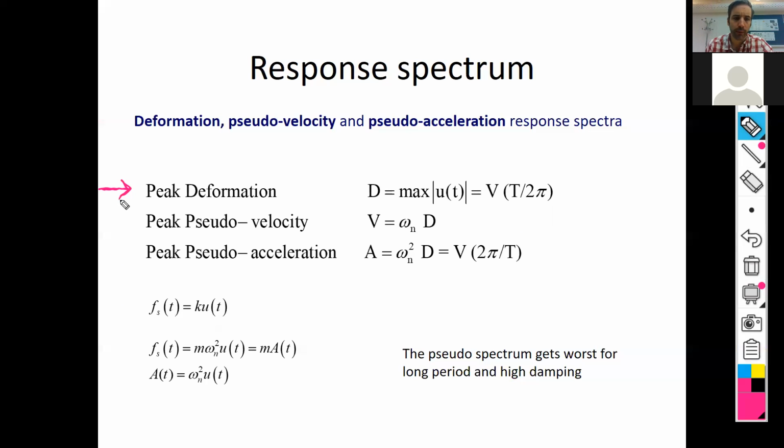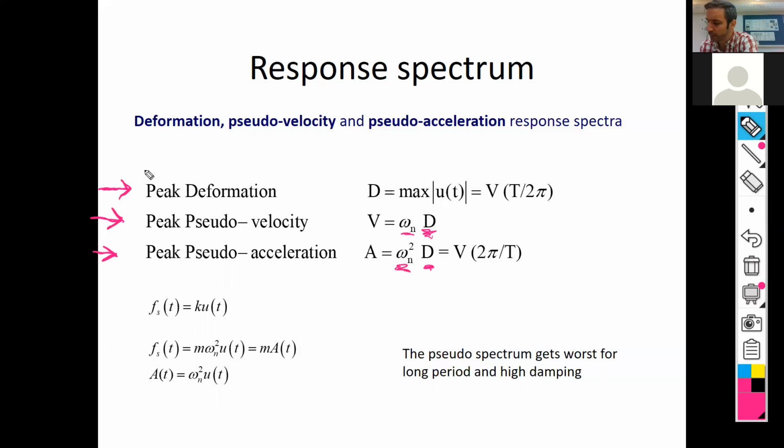And then we would just say that the maximum speed will be the maximum displacement times the frequency, and the maximum acceleration is the maximum displacement times the frequency squared, okay?